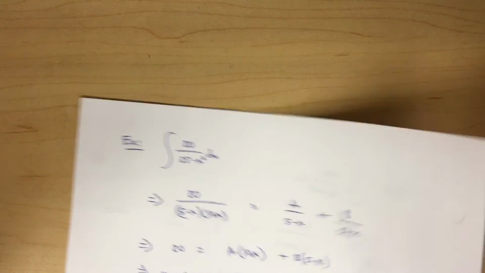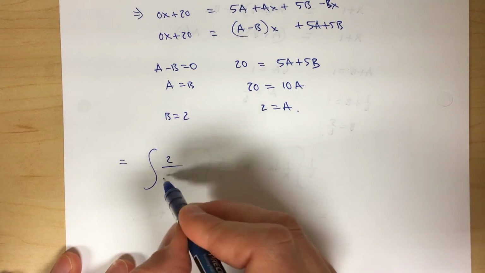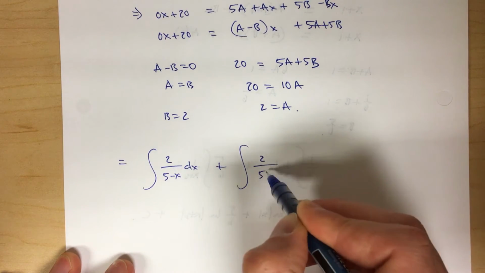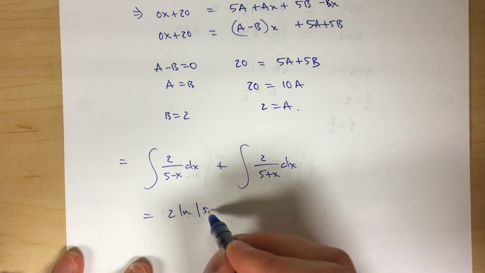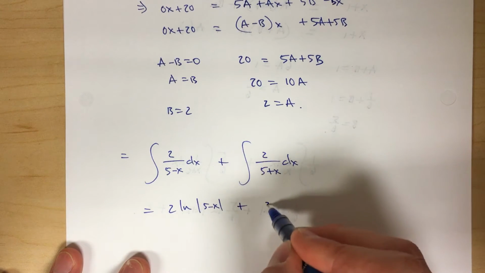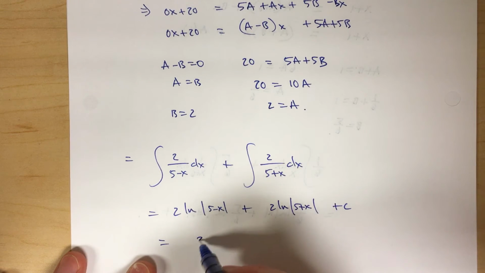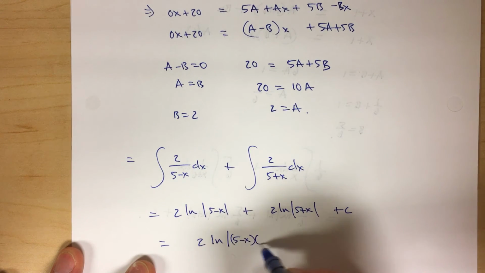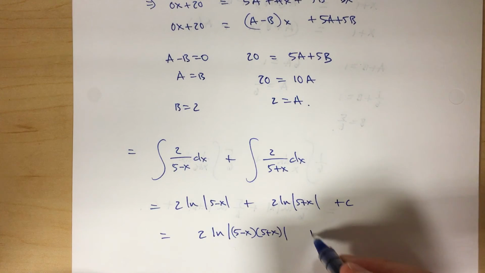So this integral is now equal to the integral of 2 over 5 minus x dx plus the integral of 2 over 5 plus x dx. And that's simply 2 natural log absolute 5 minus x plus 2 natural log absolute 5 plus x plus c, which is 2 times ln of (5 minus x) times (5 plus x), because I'm using the product property.